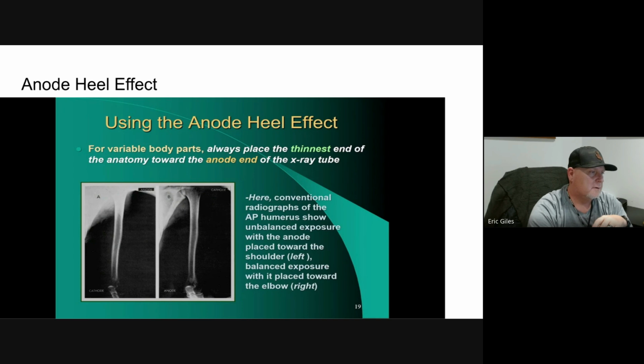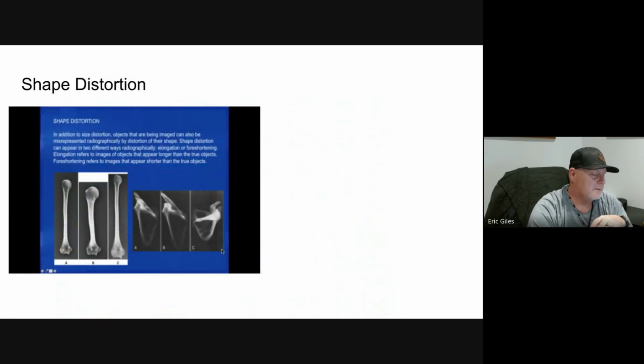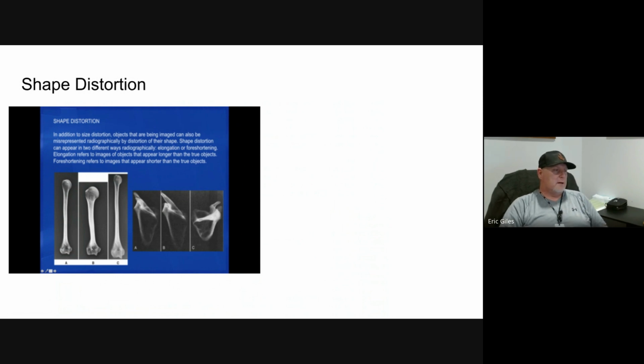Okay. All right, shape distortion, elongation, foreshortening, and this isn't that big a deal. I used to work in post-op and the operating room a lot as a rad tech, and we would have to take a lateral hip picture, a portable, and we'd have to be able to see the entire prosthetic, which is tough on a cross table lateral.